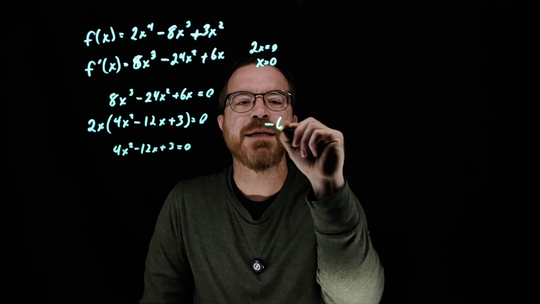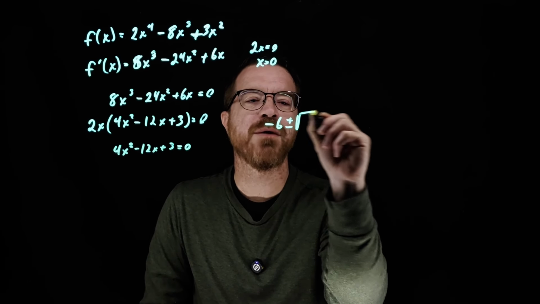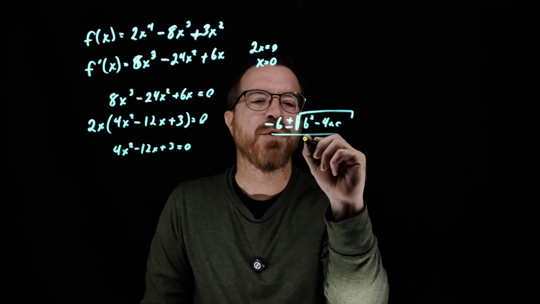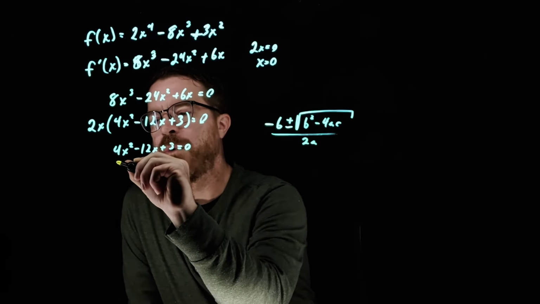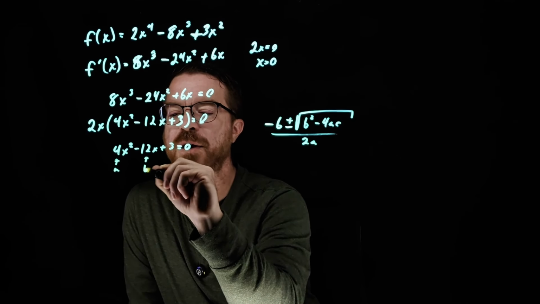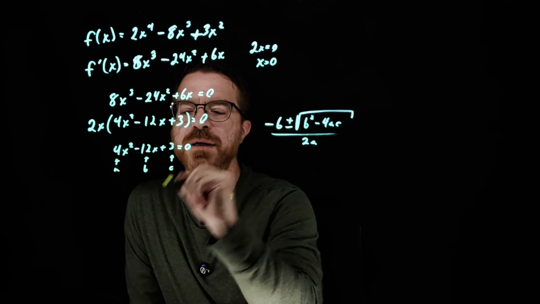So we're going to have minus b plus or minus the square root of b squared minus 4ac over 2a, where this 4 is our a term, this minus 12 is our b term, and this 3 is our c term.